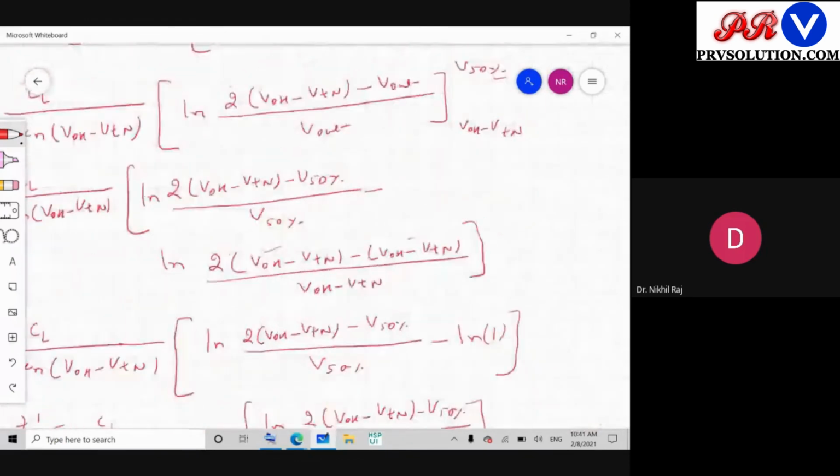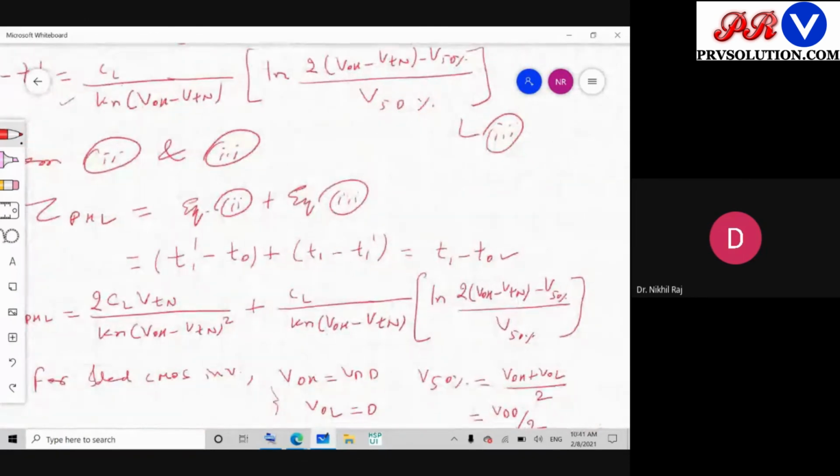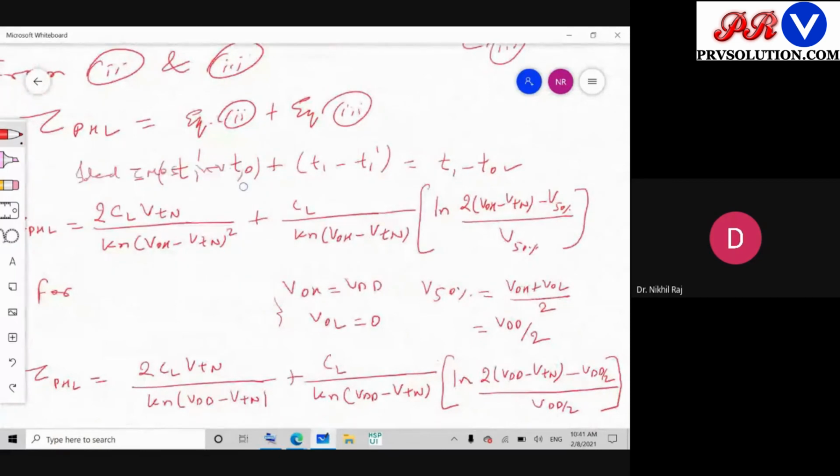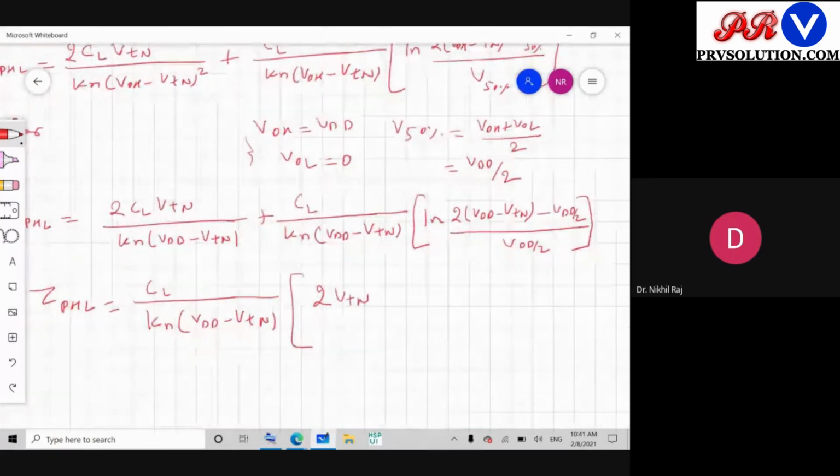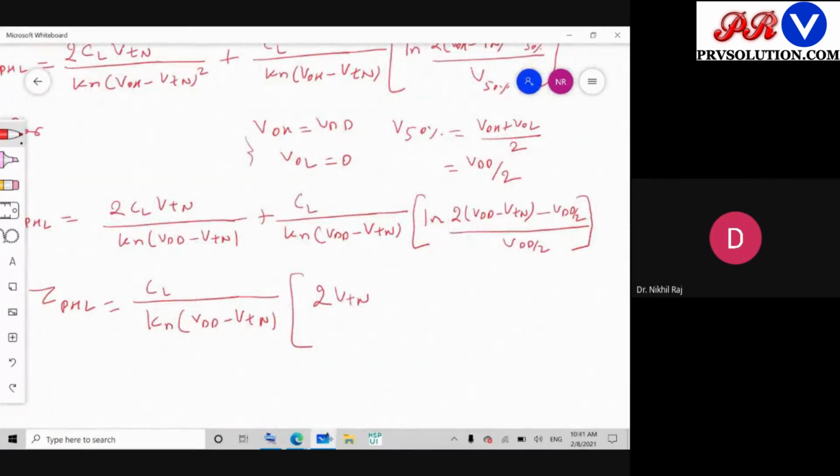So here what will happen now? When you rearrange the equation, here square was there. So you can take this common. So we are left here with (VDD minus VTN) plus ln of 4 into (VDD minus VTN) divided by VDD.